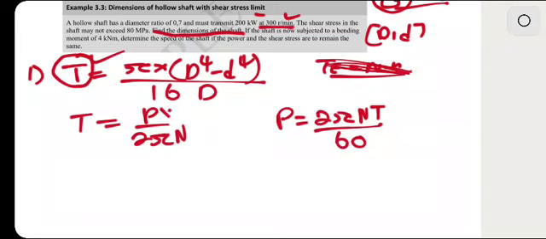Now the torque here will be multiplied by 60. We make T the subject: you multiply by 60 and divide by this whole thing, as I did here.